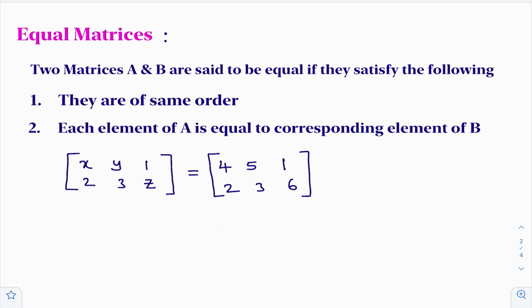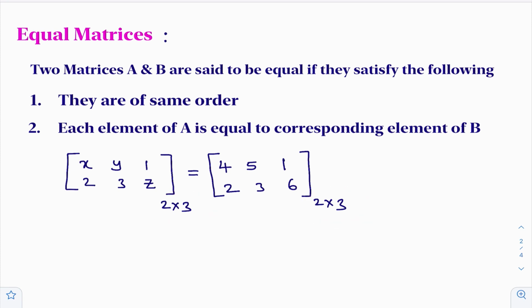First point, they are of the same order. You check it. What is the order of this matrix? In this, 2 rows are there and 3 columns are there, so the order of this matrix is 2 by 3. What is the order of this matrix? Here also 2 rows and 3 columns, so the order is 2 by 3. Both matrices are of the same order.